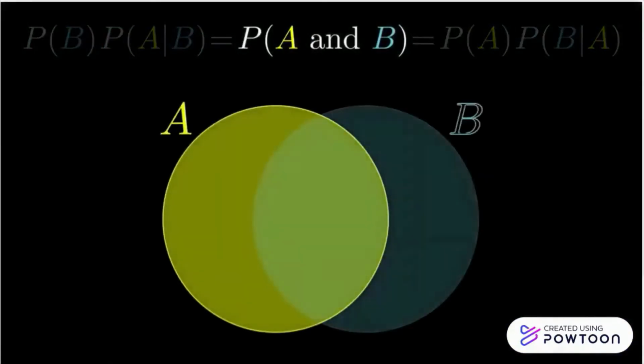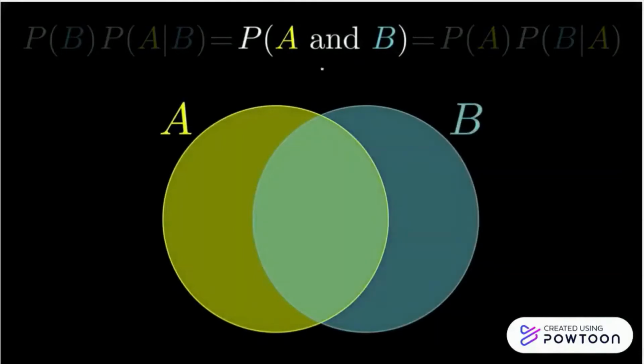Let us say there are two events, A and B. What is the probability that both of them happen?